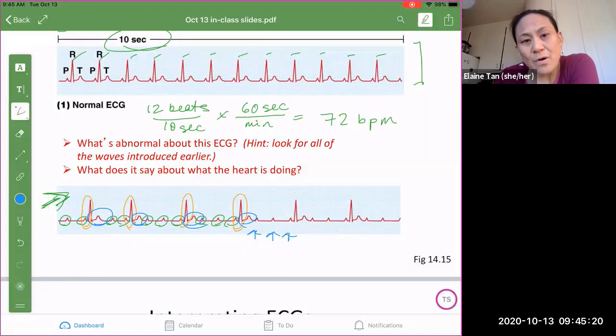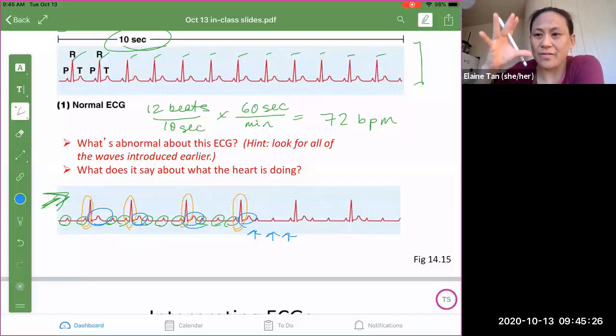This is indicative of what's called a heart block, where the signal isn't making it through the AV node all the time. It goes through the atria and gets stuck at the AV node. Sometimes it makes it through, sometimes it doesn't.